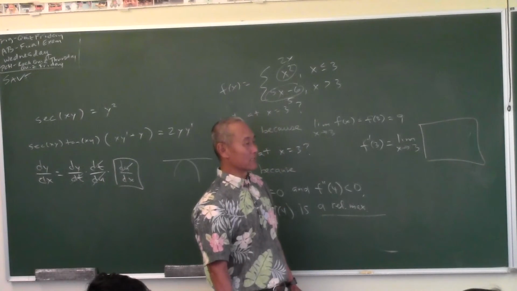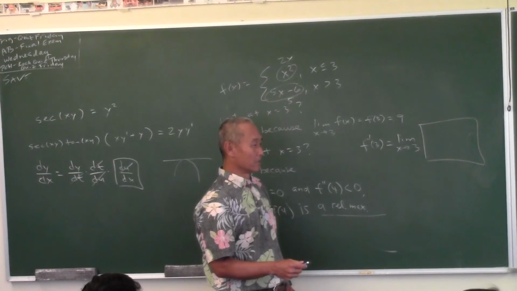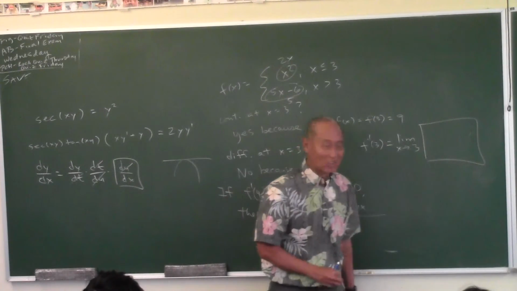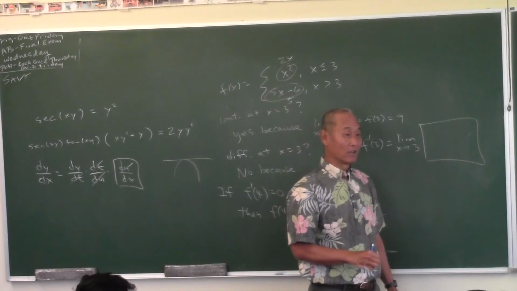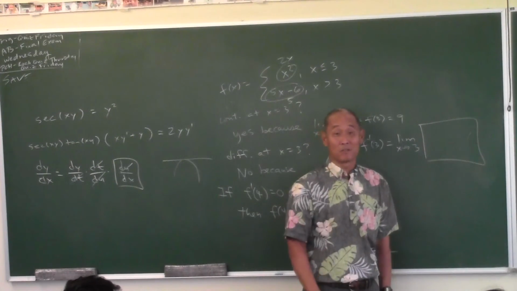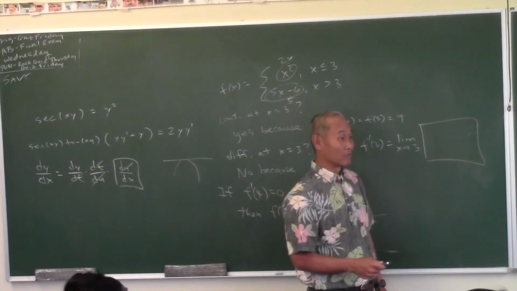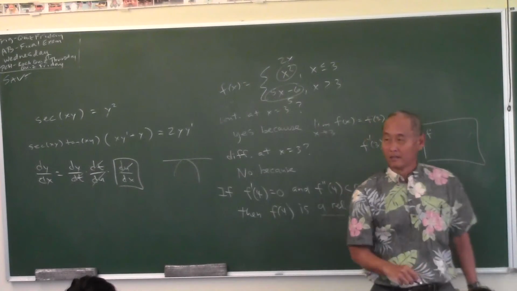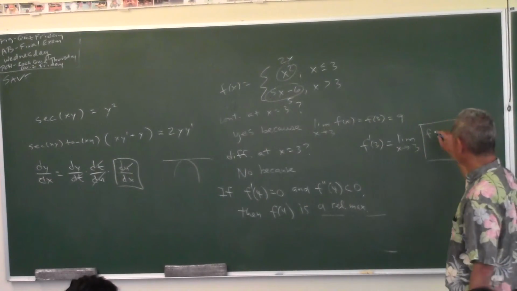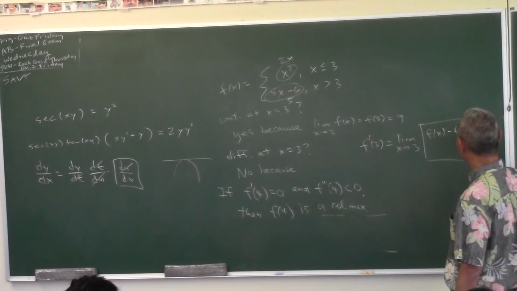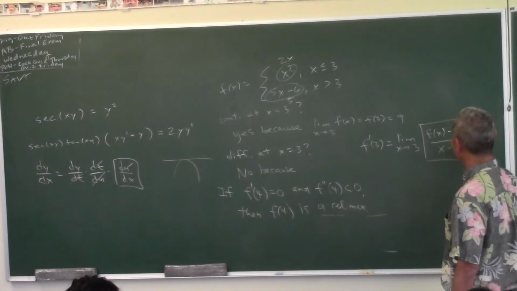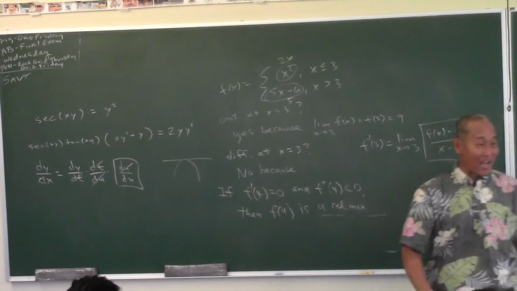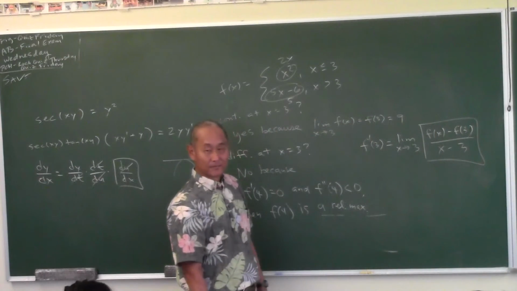There it goes. f of x minus f of 3, over x minus 3. There you go. That's what I'm talking about. You weren't saying it. I didn't hear whether it was f of x. That's good.